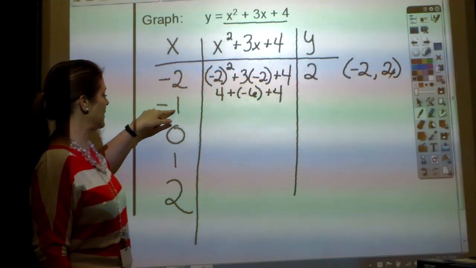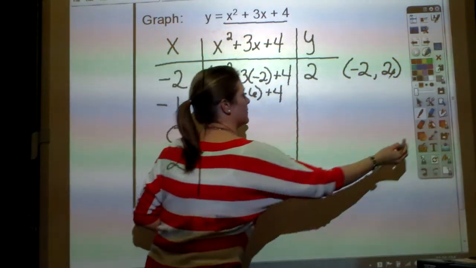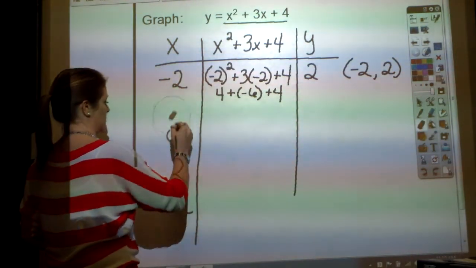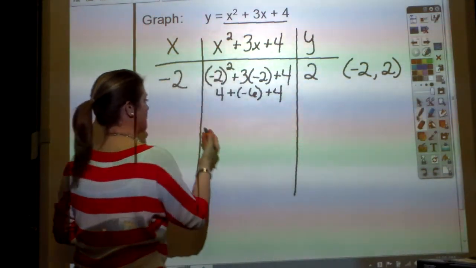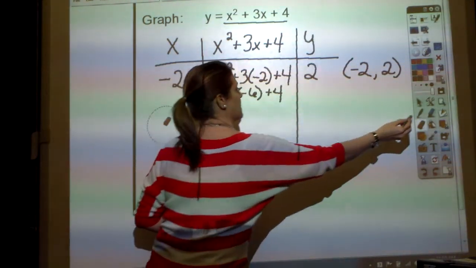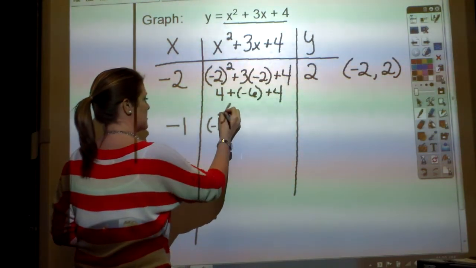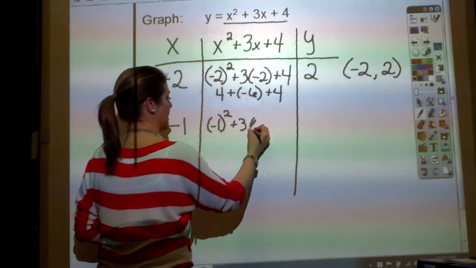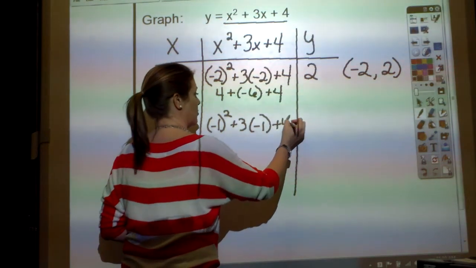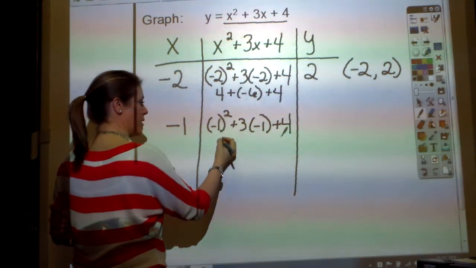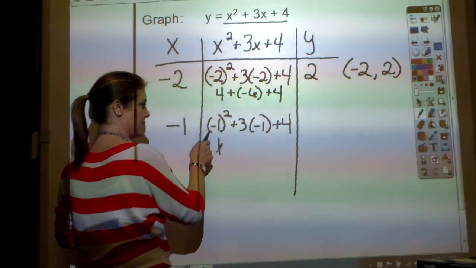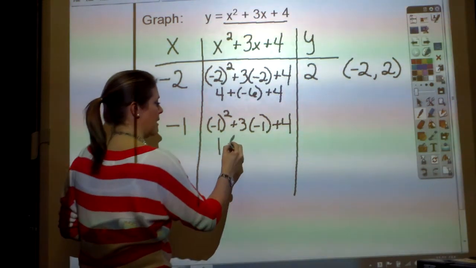When we put a -1 in, slide that down just a little. We're going to be doing -1 squared plus 3 times -1 plus 4. -1 squared is a positive 1. Negative times a negative is positive.